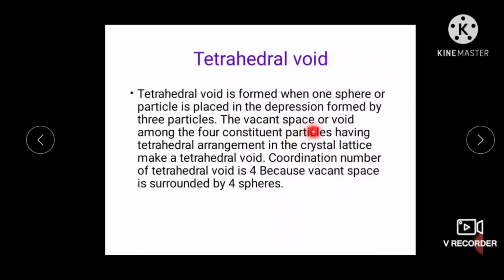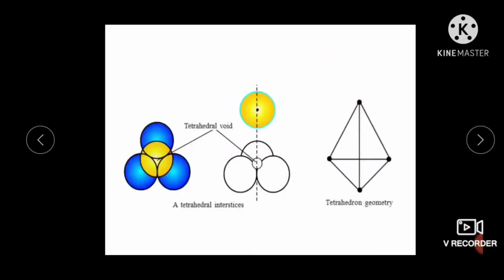The vacant space or void among the four constituent particles having tetrahedral arrangement in the crystal lattice makes a tetrahedral void. The coordination number of a tetrahedral void is 4 because the vacant space is surrounded by 4 spheres. This picture shows the formation of a tetrahedral void.